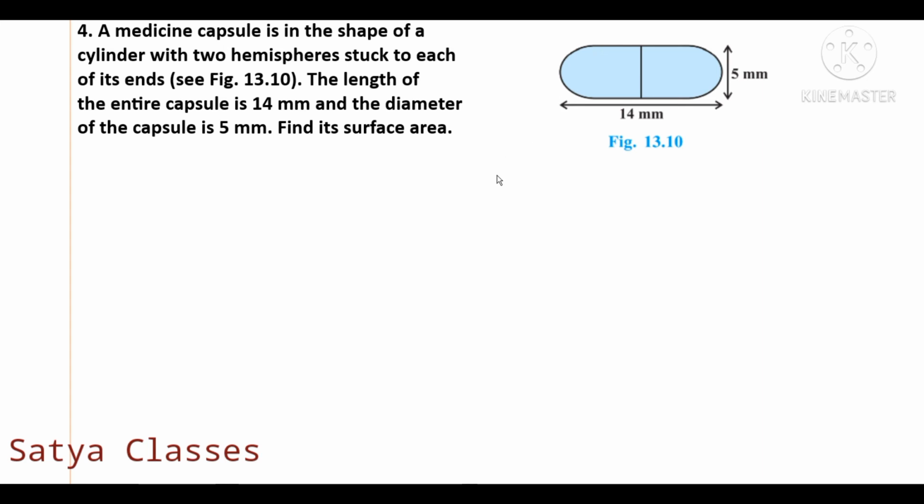The capsule looks like this. I am making a secondary figure to make you understand about the capsule. From here one can easily see the ends, which are in the form of hemispheres.